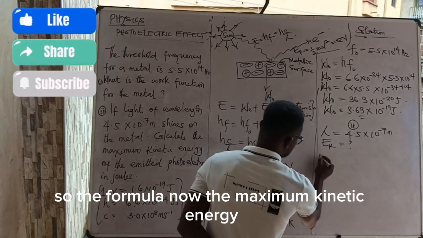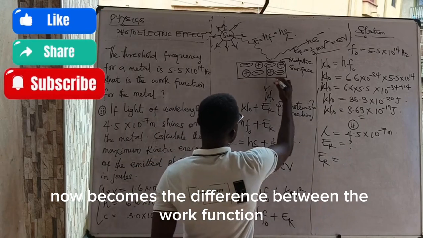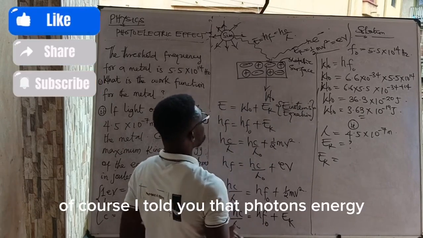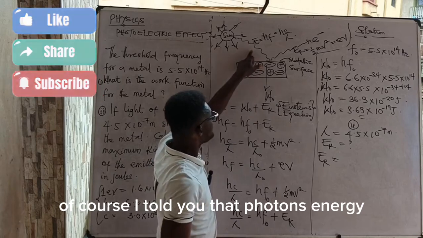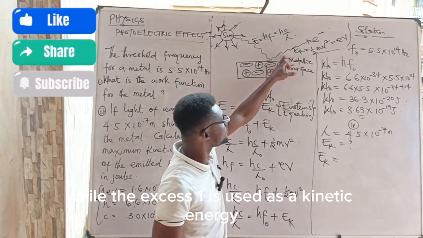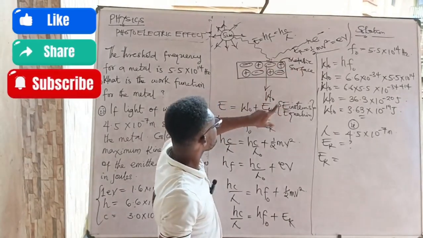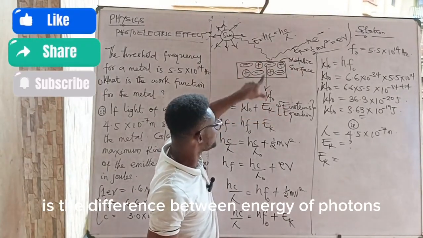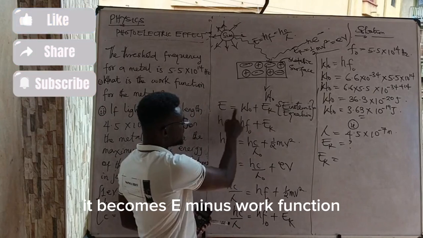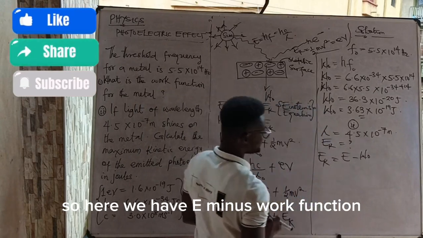The maximum kinetic energy becomes the difference between the energy of photons and the work function. Of course, I told you that part of the photon's energy is used as the work function, while the excess is used as kinetic energy. Making kinetic energy the subject, it becomes E minus work function.